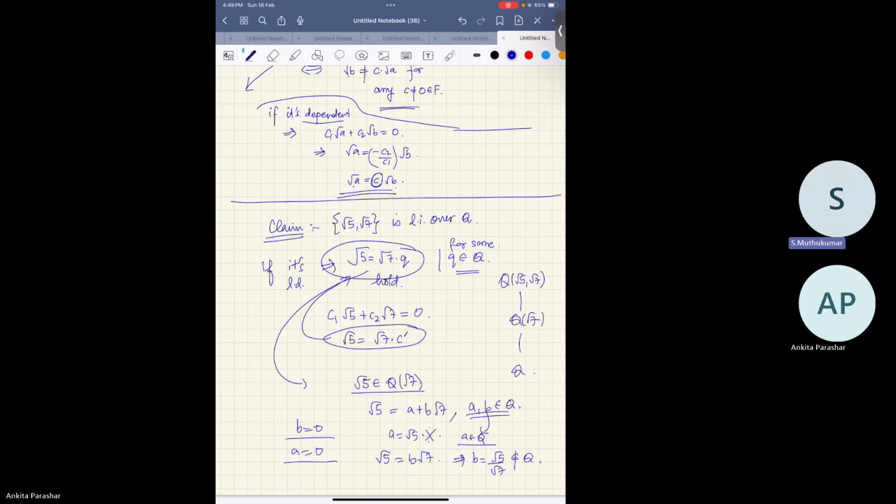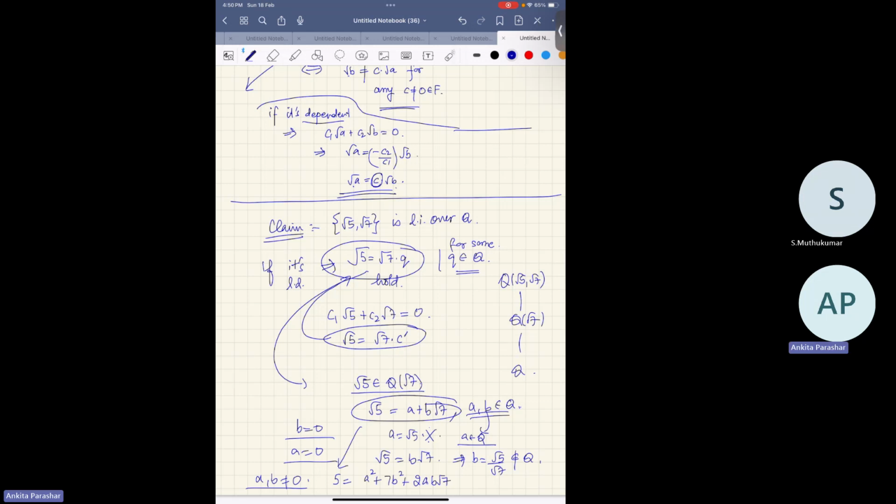When both are non-zero, yes, let's look at when both are non-zero. Okay, can we square? We can square, right? So square this equation. We will get 5 is a squared plus 7b squared plus 2ab root 7. Right? I can write this.